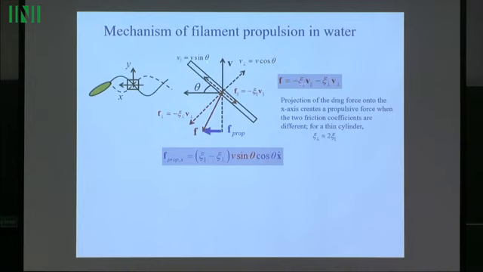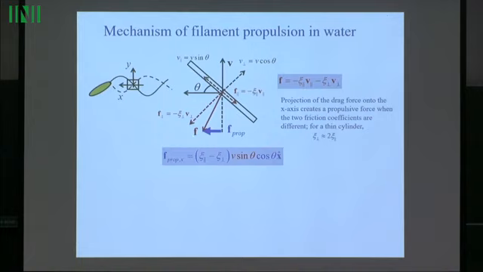So the difference in the viscous resistance to the cylindrical body, and we know that it's much easier to move the cylindrical body this way than to move it this way. The difference is about 2 times, and leads to a non-zero projection of this friction force onto the direction of propagation.